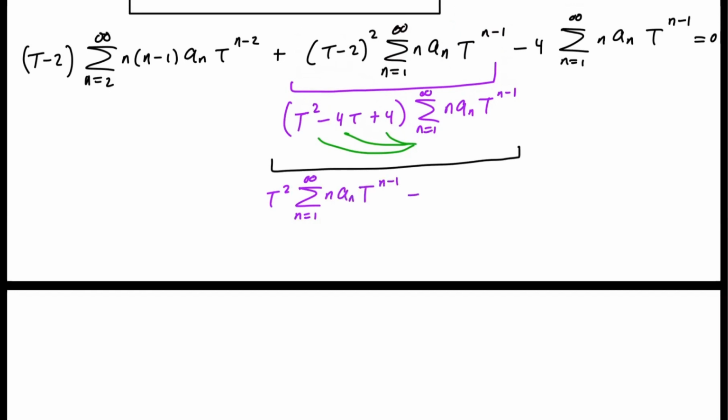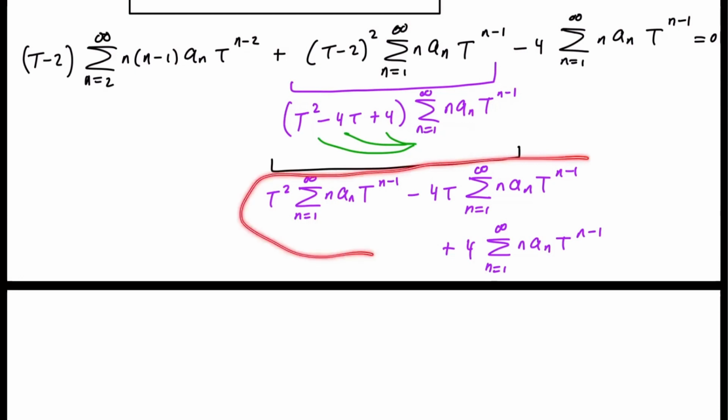For the second term, we have minus 4t times the sum from 1 to infinity of n times a sub n, t to the n minus 1. And the last term, we get plus 4 times the infinite sum, starting from 1 to infinity of n a sub n, t to the power of n minus 1. So all of these guys are substituting this piece right here. I hope you can see that.